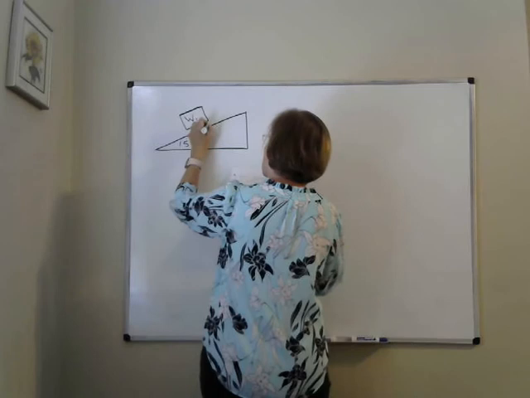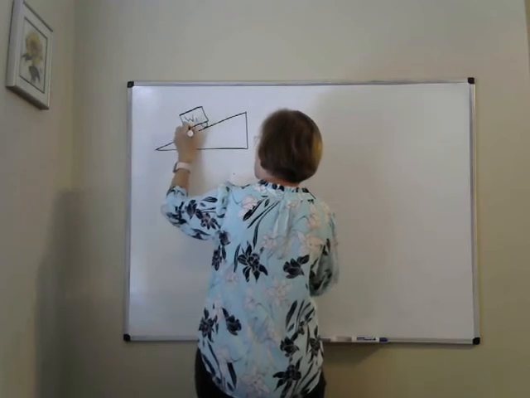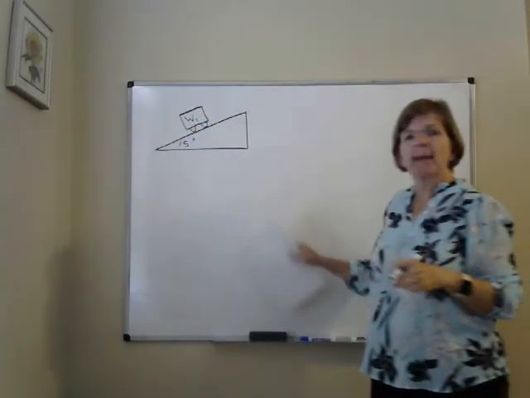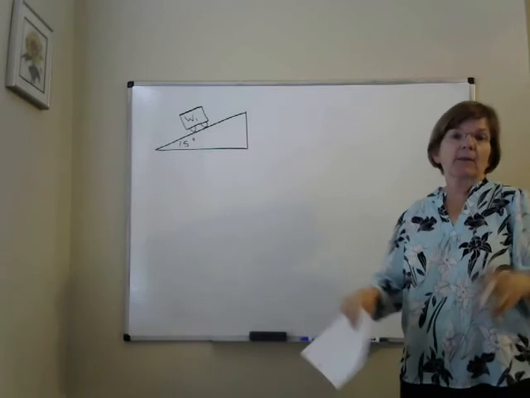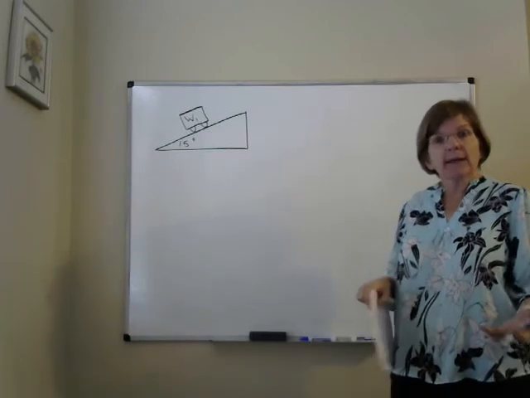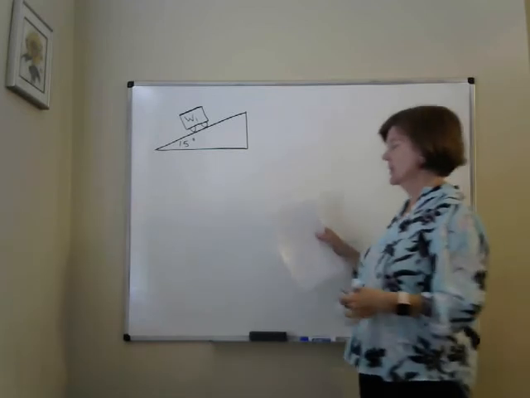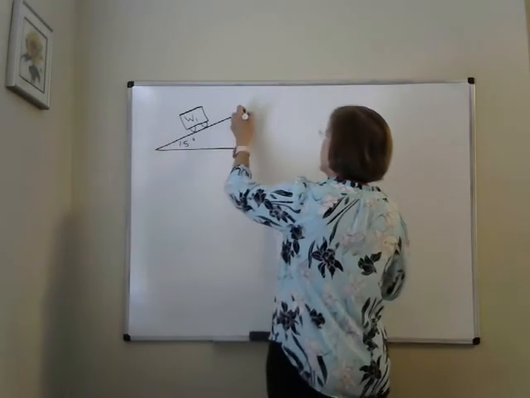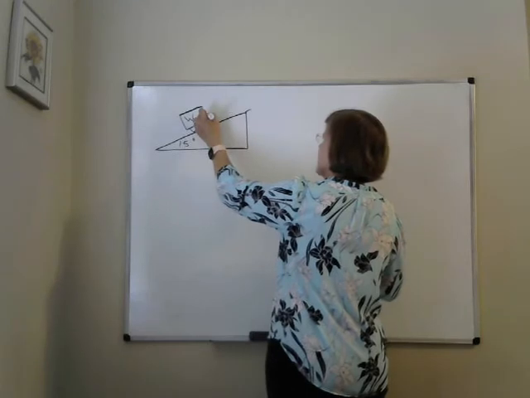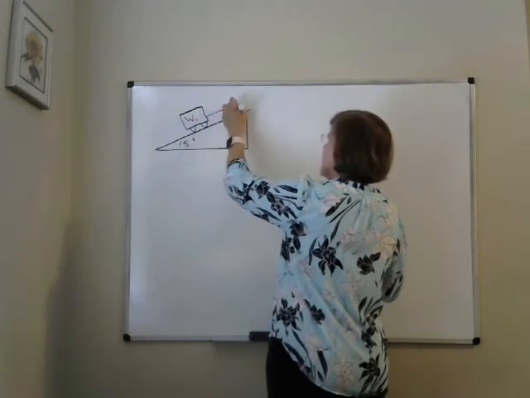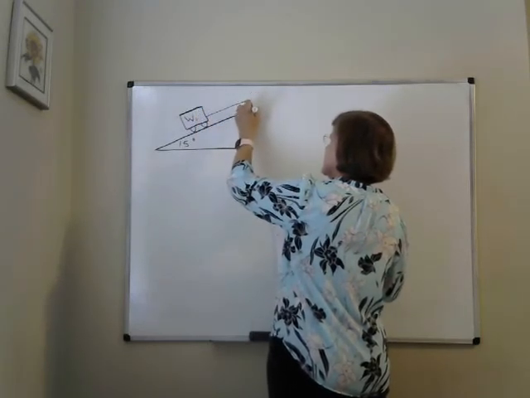It has a weight they're going to call W1. They could have given me a mass and called the mass M1, and then the weight would have been M1G. But they told us the weight we're going to call W1. Okay. It is connected, being pulled along, and it's connected to this pulley.